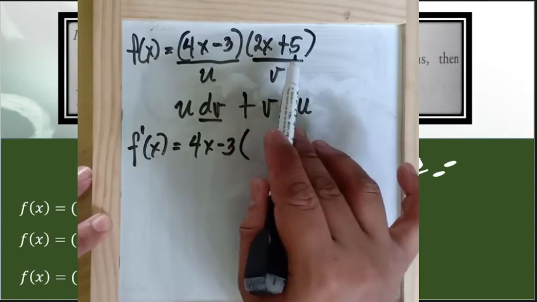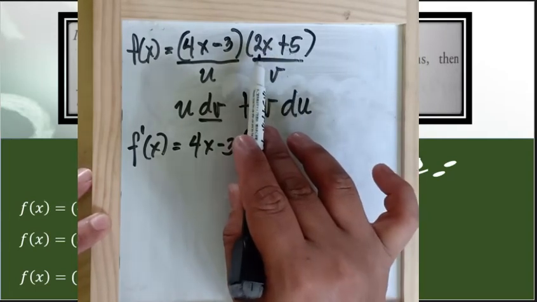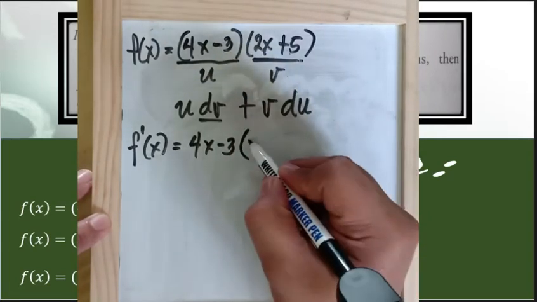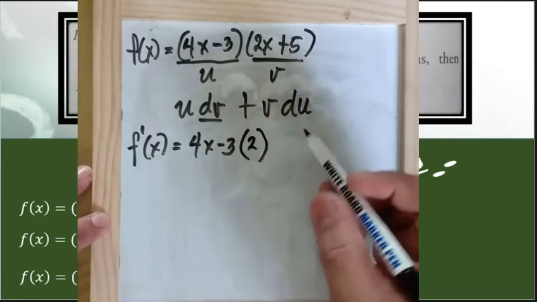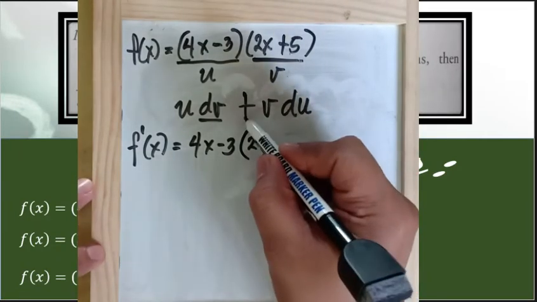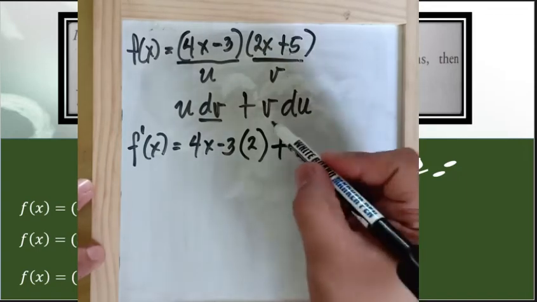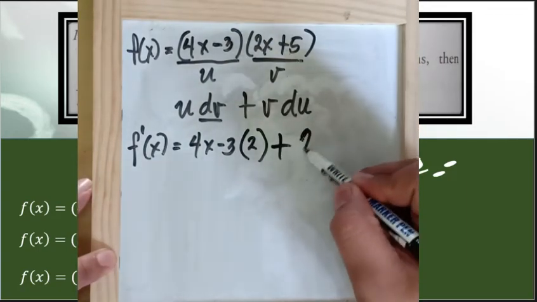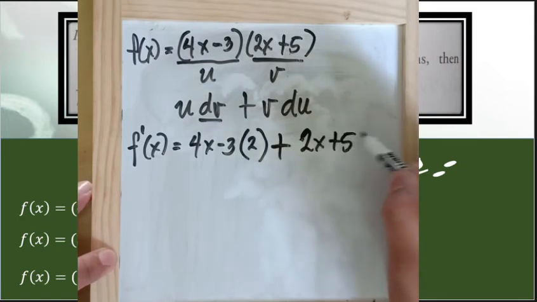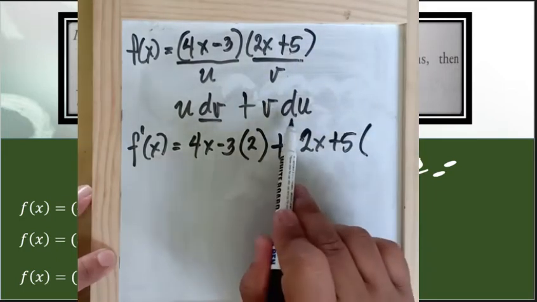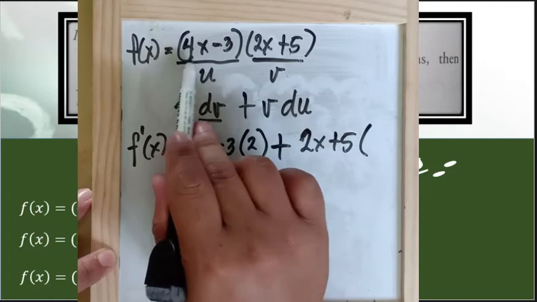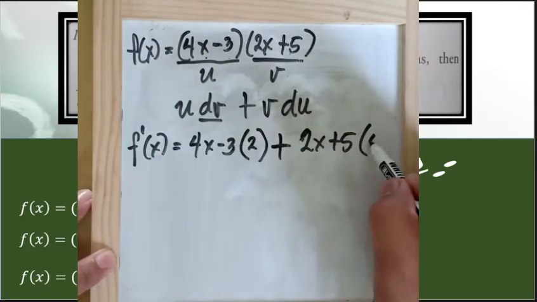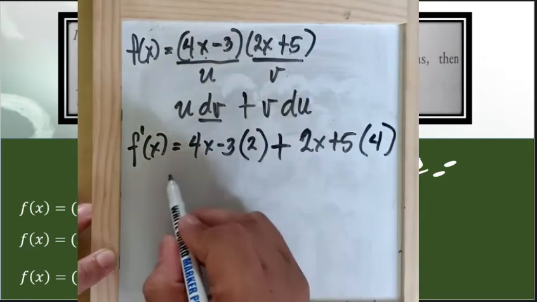What is the derivative of 2x plus 5? Yes, the derivative of 2x is 2, and the derivative of 5 is 0. Don't write the 0. Plus, always add plus. Copy your v function, your v function is 2x plus 5, times the derivative of your u. What is the derivative of 4x minus 3? Yes, the derivative is 4.